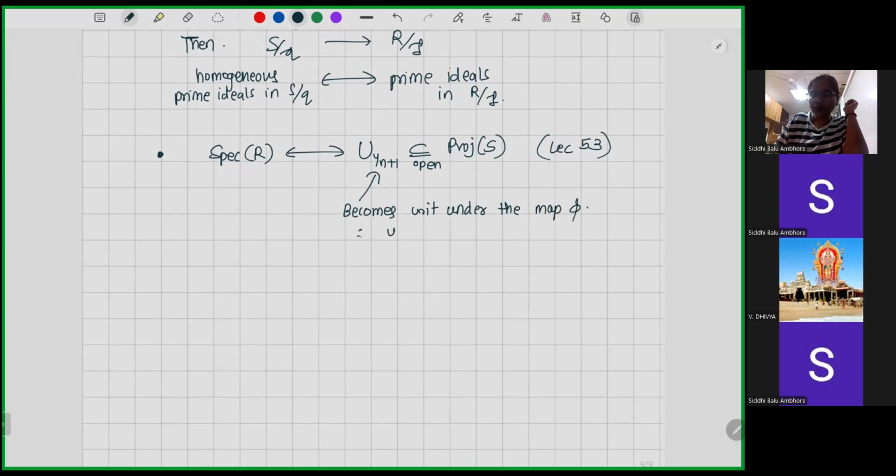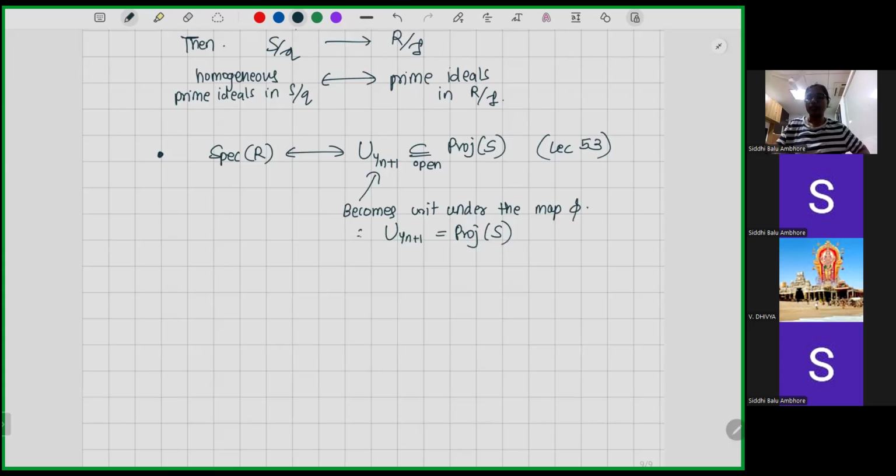Okay, so therefore, because this y_{n+1} is going to be a unit under the map, this actually becomes an equality in this case.